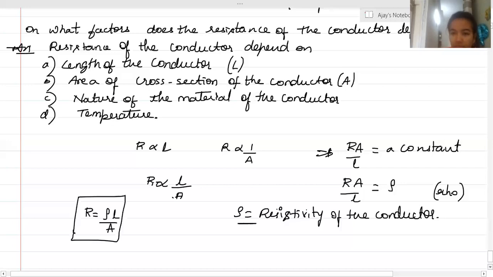Any doubt? No. Okay, fine. Next is resistivity.